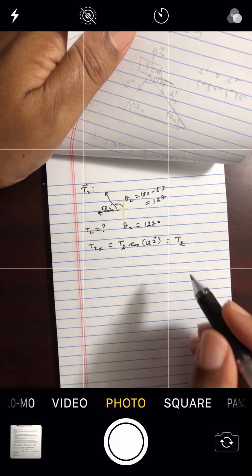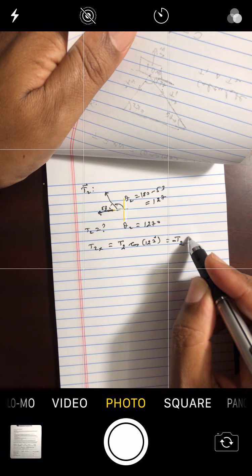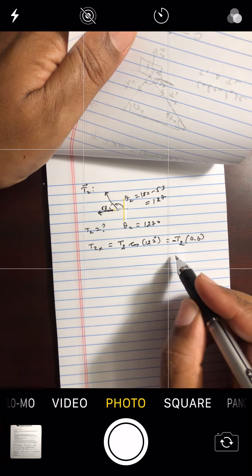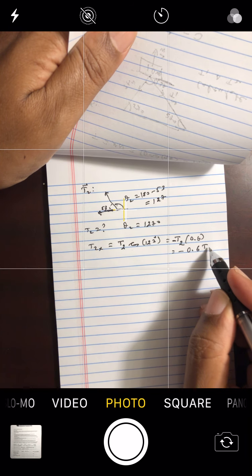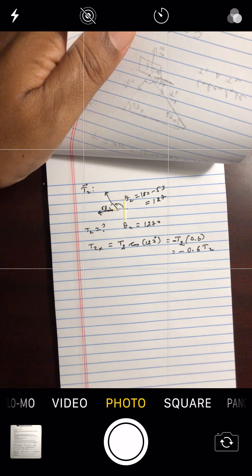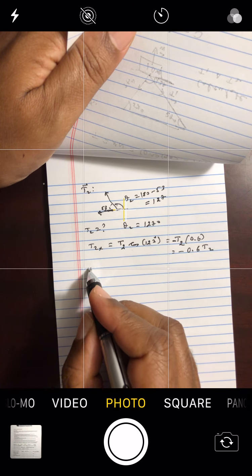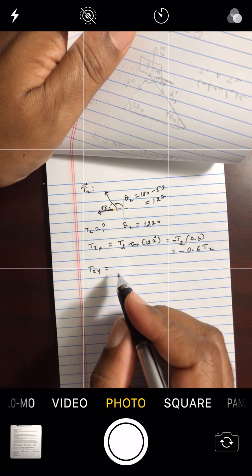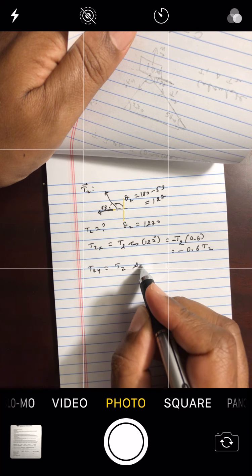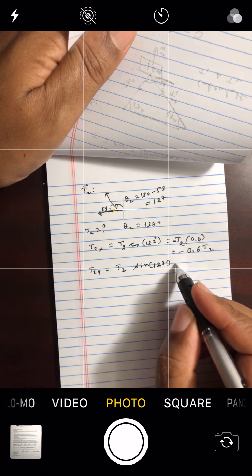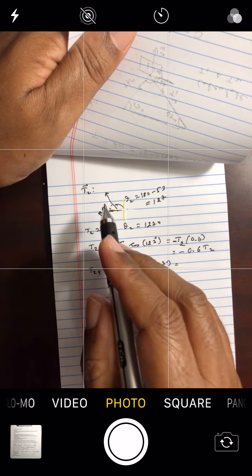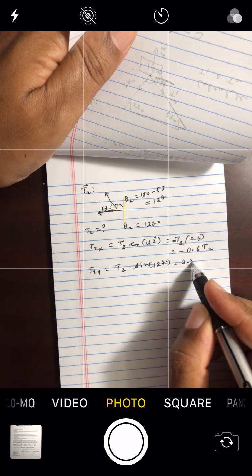It's going to be negative 0.6 T2. How about T2y? T2y is going to be T2 times the sine of 127 degrees, which is going to be 0.8 T2.